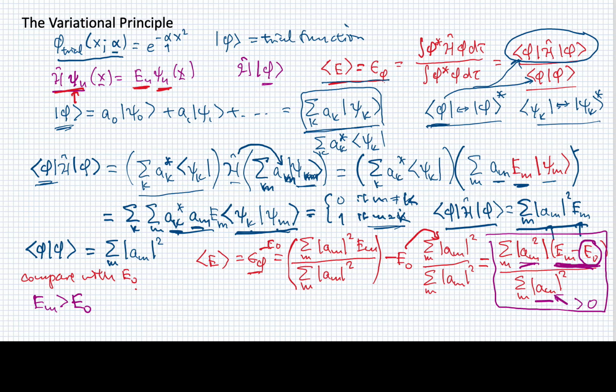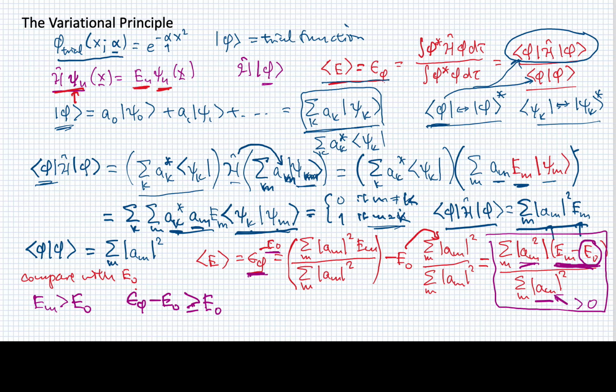Everything here is greater than 0. So that means that E sub phi minus E0 is greater than, and I'll say or equal to 0, because if somehow we manage to get a trial wave function that was exactly equal to the lowest energy eigenstate, then it would be equal to 0.